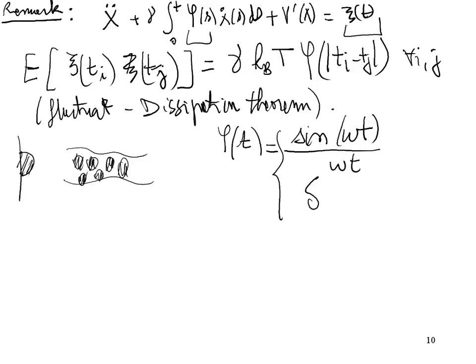There is also an important case where phi of t is alpha exponential of minus omega t. This is to look at a version of the colored noise, which is derived from Brownian motion.